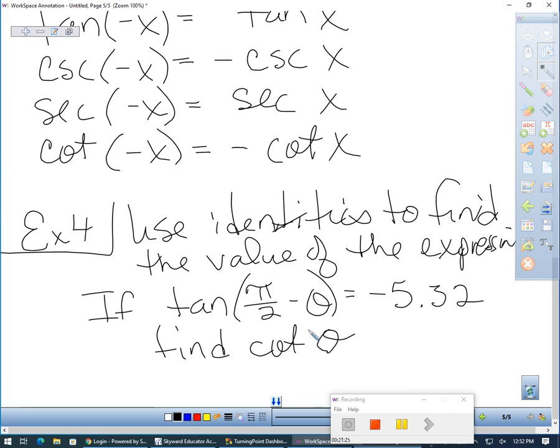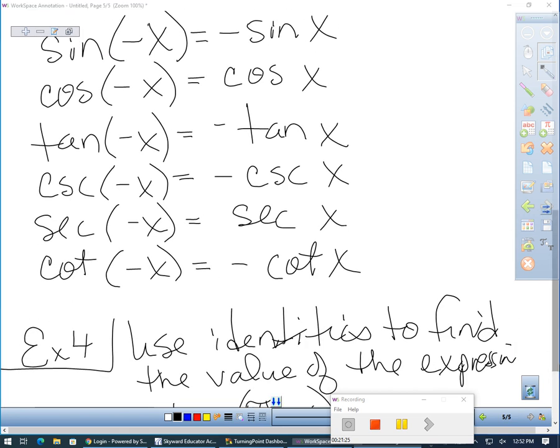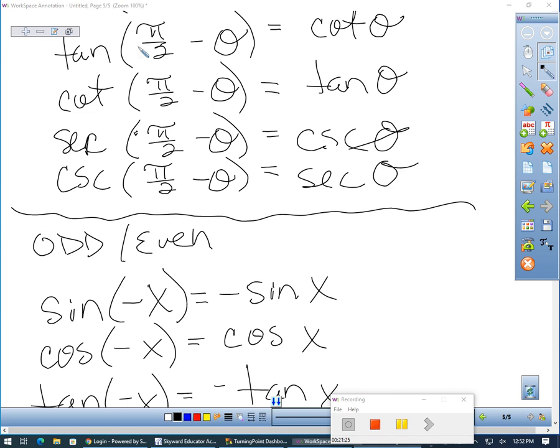So we have that little mess behind it, right? That goes back to the identity we had at the top of this page. Oops, all the way back up to here, where we said the tangent is equal to the cotangent.